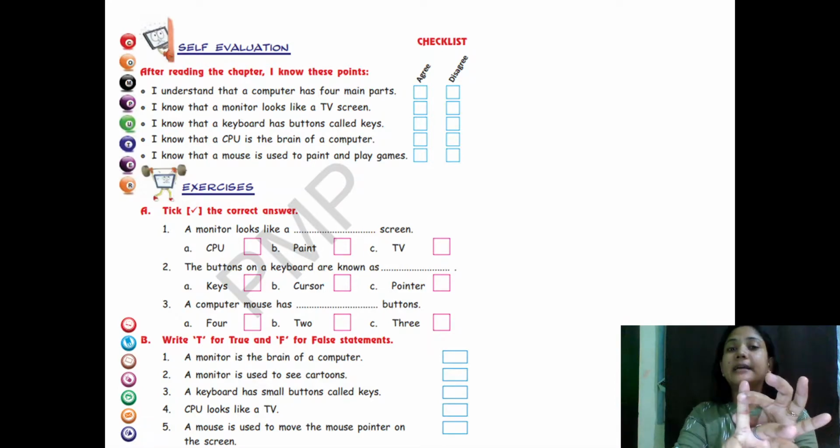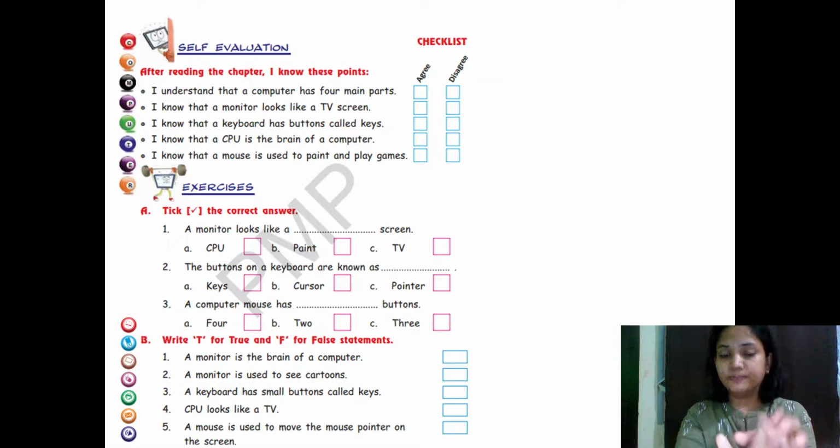Third is the mouse. It is used to draw and it is also used to move the mouse pointer. And fourth is the monitor. The monitor looks like the TV screen and it is used to see pictures. Whatever we do on the computer, we can see it on the monitor.